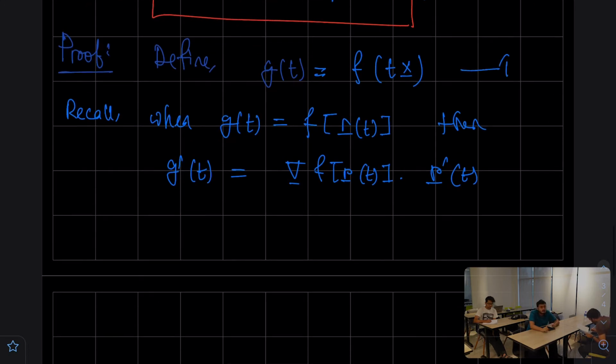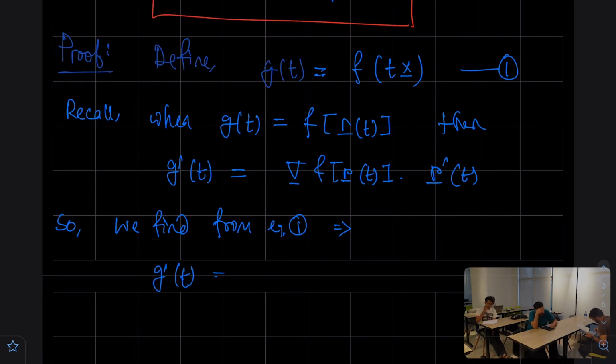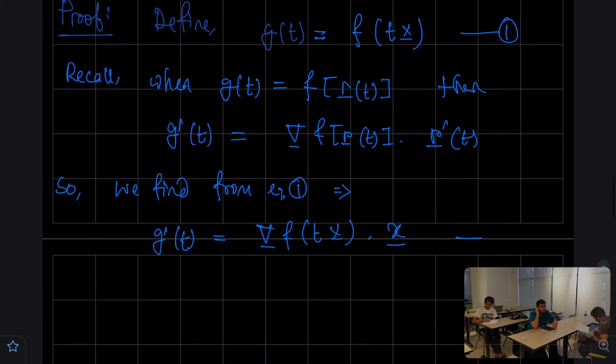So from equation 1, g prime of t is equal to the gradient of f at tx dot x. So that's equation 2.